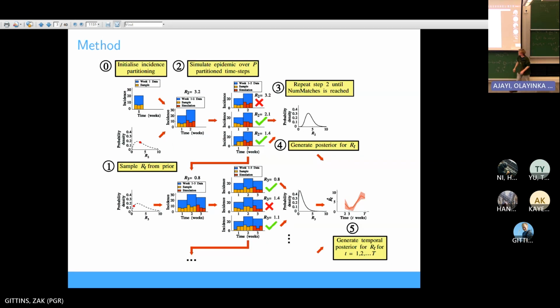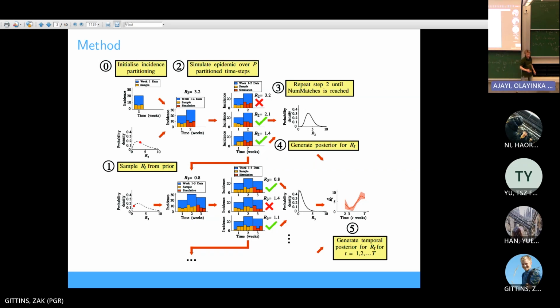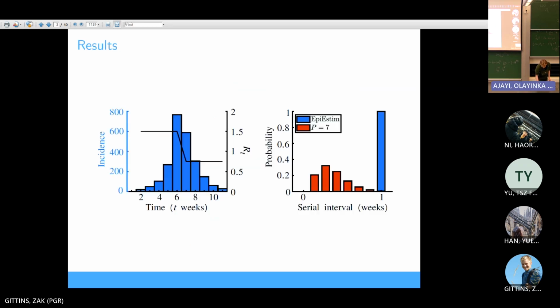Hopefully you can still see this. So then the question is, do we get more accurate R_t estimates or not? This again is synthetic data that we've used. What's it showing? The black line is the true R number that we know, or pretend we don't know, and the blue bars are the incidence over weeks.